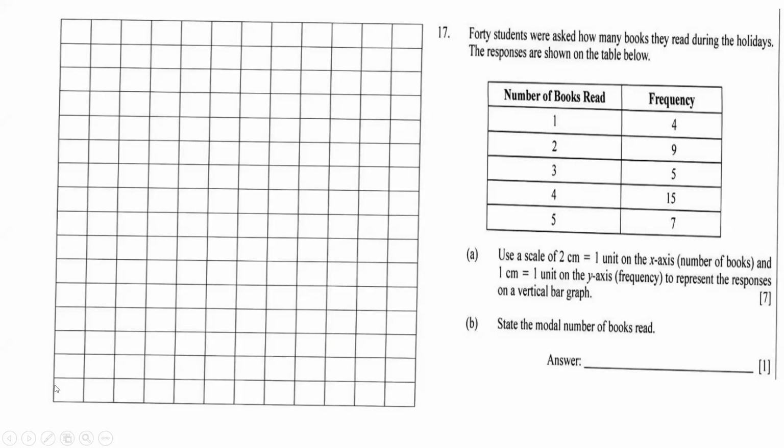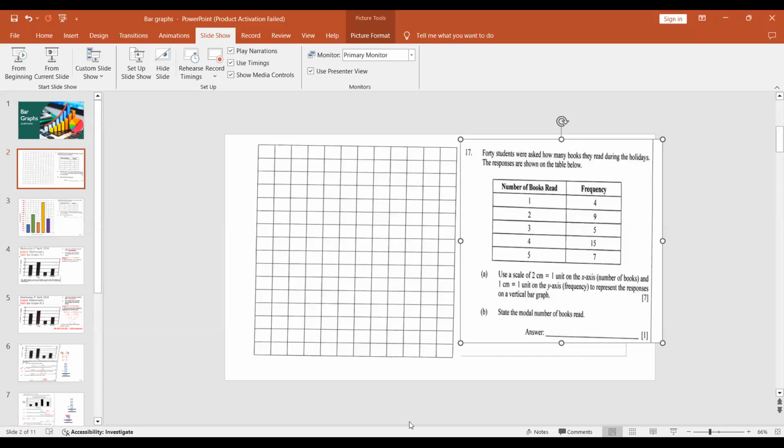So we have to put the number of books on the x-axis and the frequency on the y-axis. If you look carefully on the x-axis, I have it already labeled as number of books.